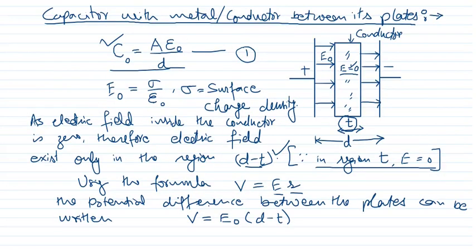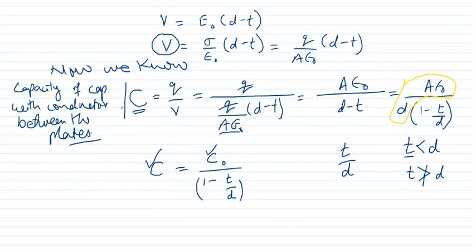T can never be greater than D. Can T be greater than D? No, it cannot. The maximum T can be is equal to D. So as per the diagram T is smaller than D, which means T upon D is less than 1.